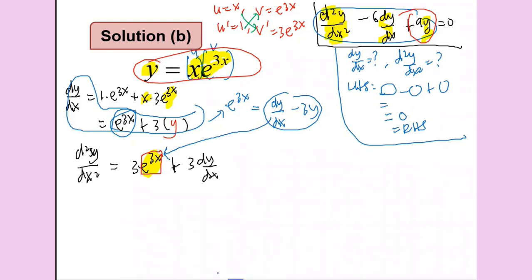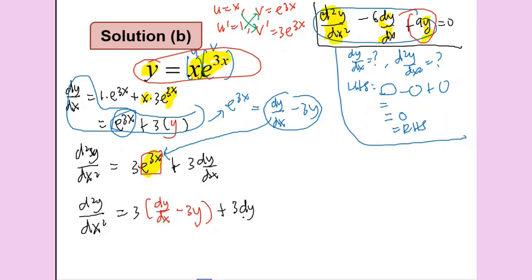Okay, substitute. So d²y/dx² is equal to 3 dy/dx minus 3y plus 3 dy/dx. Expand: 3 dy/dx minus 9y plus 3 dy/dx.